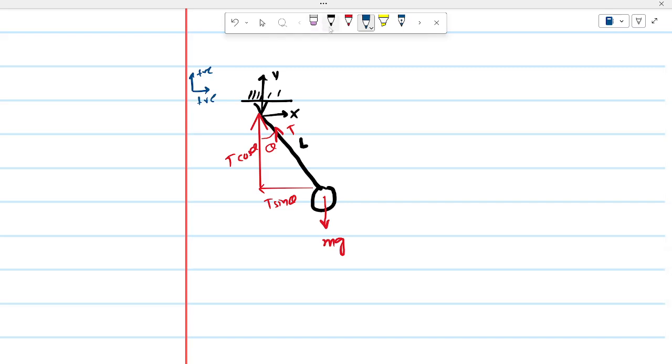What Euler's method says is the net summation of all the moments acting on the body is equal to 0 for a body in equilibrium, which is equal to the net force acting onto the body.